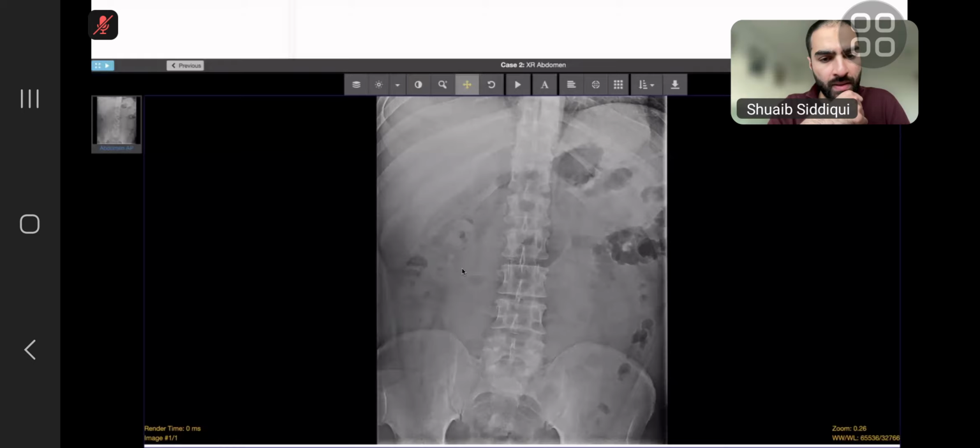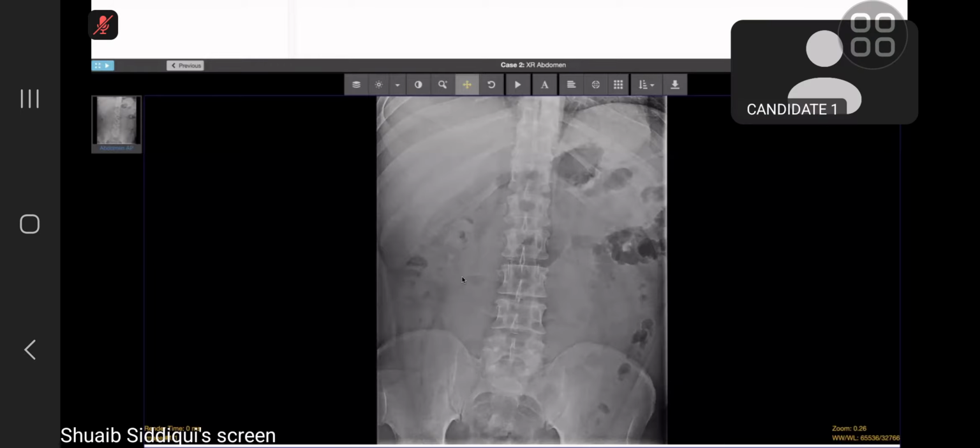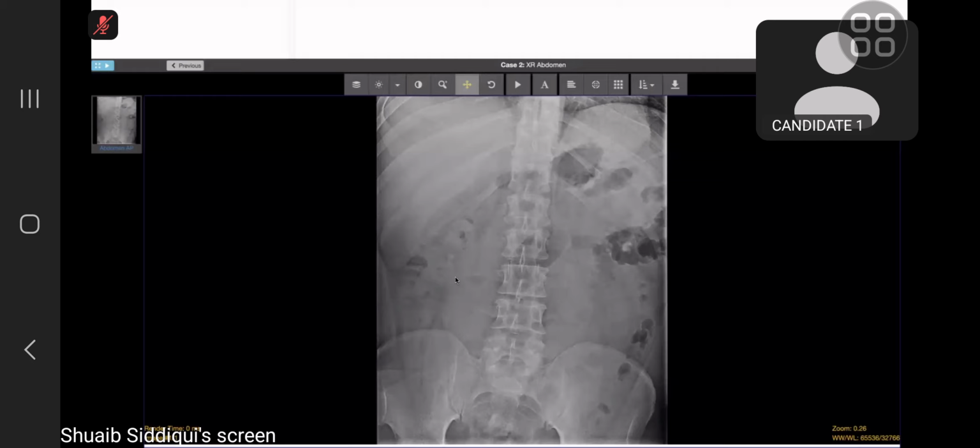Okay, aside from renal calculi, do you think this pattern of calcification could represent anything else? No, sir, not sure. So I would like to look at the lateral X-ray to differentiate these calculi from gallbladder stones.